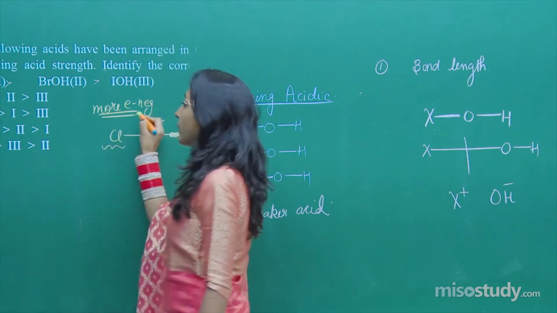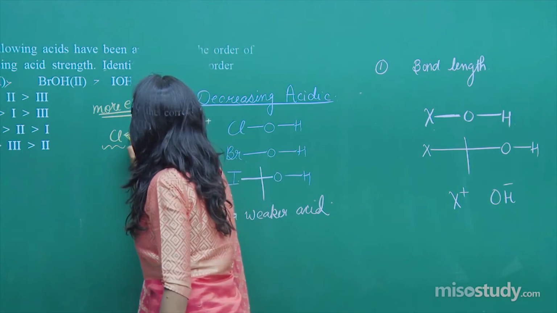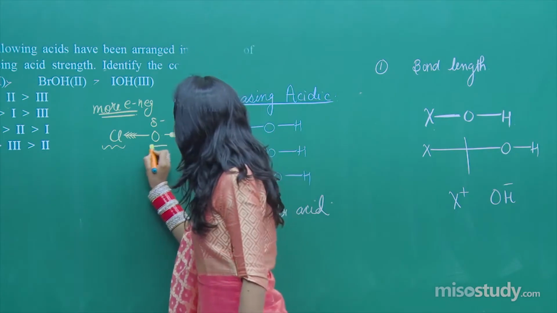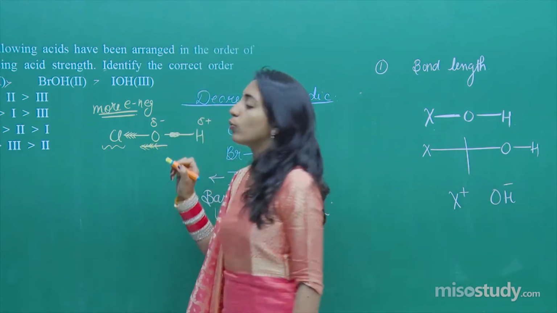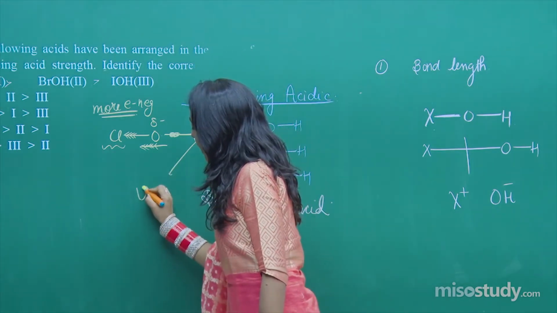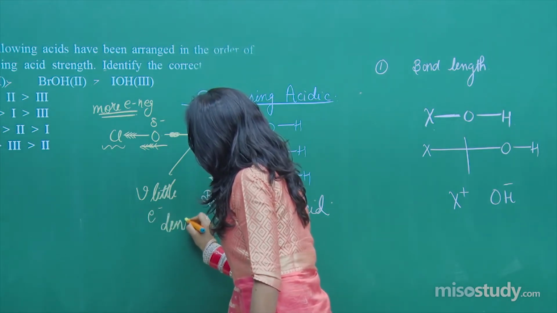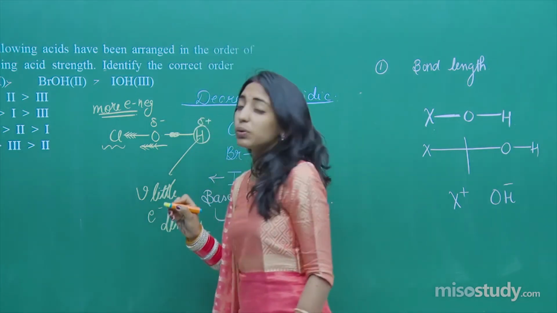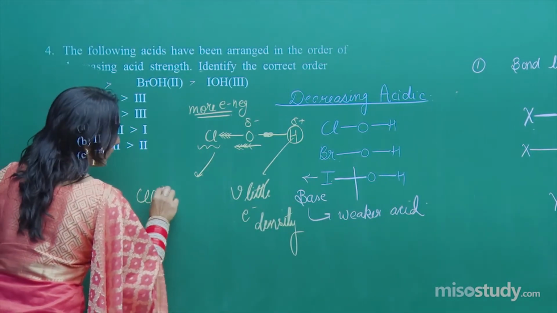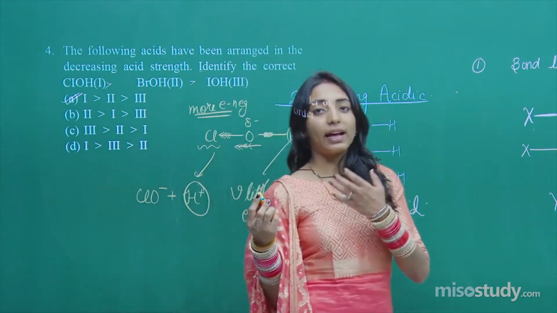Chlorine, being a more electronegative atom, will attract the shared pair towards itself, which in turn forces oxygen to attract more of the shared pair towards itself. Thus hydrogen is left with very little electron density, so it can easily be lost in the form of ClO minus and H plus. Thus ClOH is taken as a good acid.